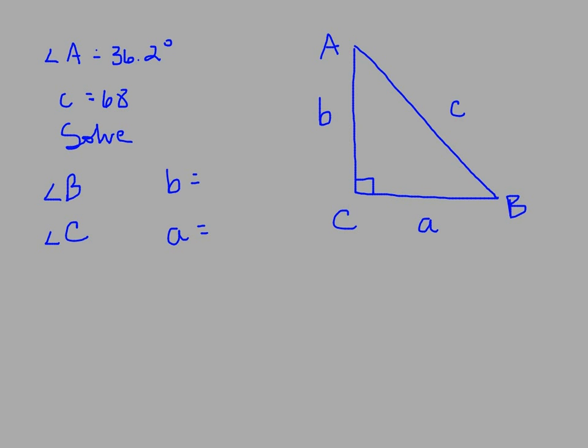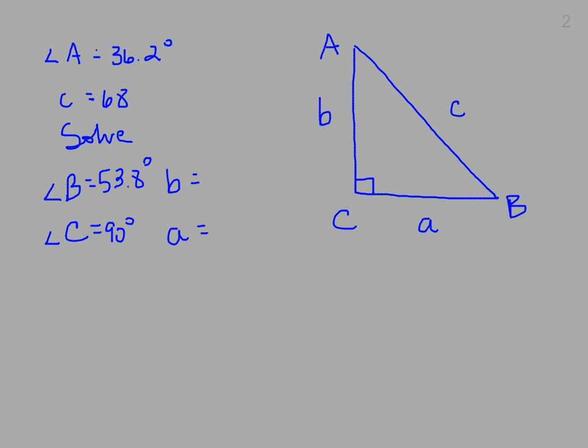Well, if we know that angle C is 90, and we do because it's a right triangle, and the triangle has 180 degrees, then that means angle A plus angle B is also equal to 90, and all we have to do is subtract, and that will give us 90 minus 36.2, which gives us 53.8 degrees.